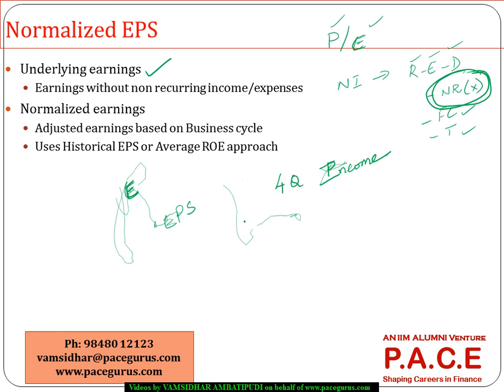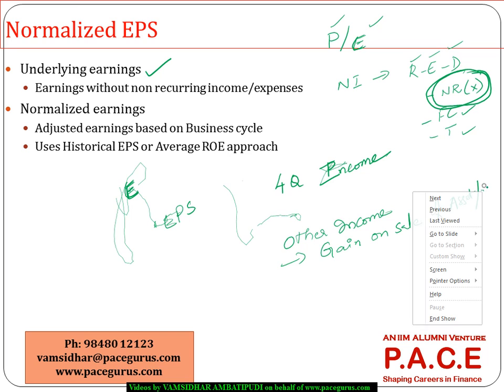Some of the non-recurring, probably the other income related ones. In that other income, probably gain on the sale of asset, gain on sale of investment. These will not happen quite regularly, and also they are not a part of the operations of the firm.